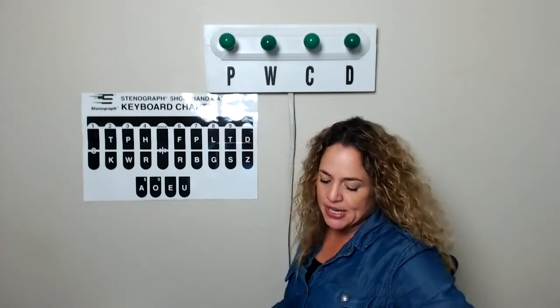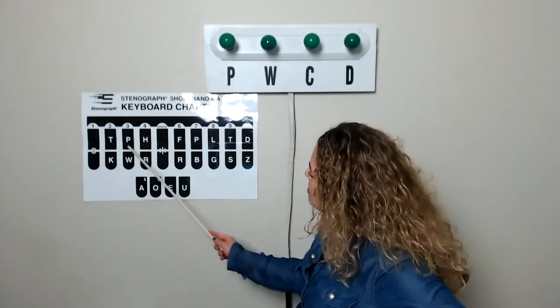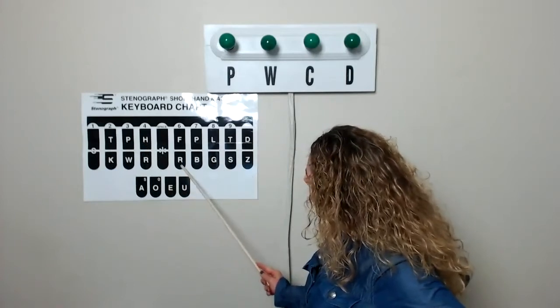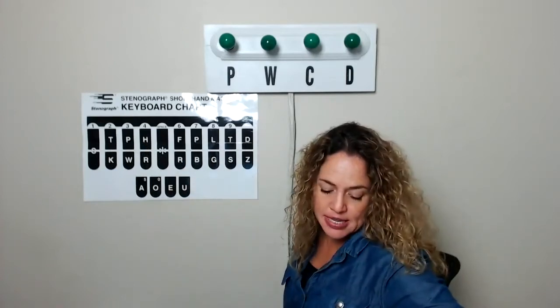Then we have splinter. S-P-L-I-N-T. Come back for E-R. Splinter. Spleen. Now, I know you've already heard spleen up above, but they've got it twice, and that's okay as extra practice. Then we have splendid. Now, there's two ways you could write splendid.